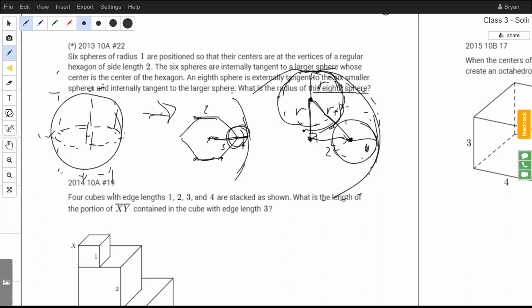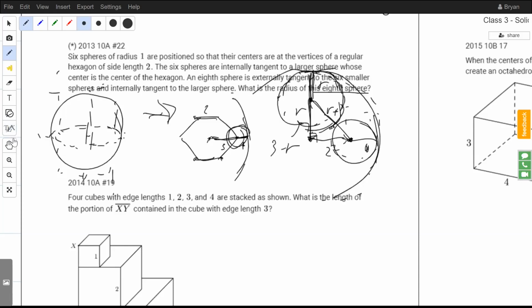So what we have here is a really cool right triangle, and this length is going to be 3 minus r. And you can see it's the large radius minus r.